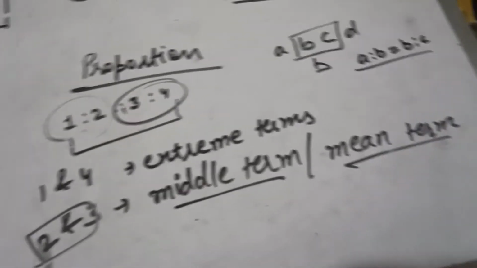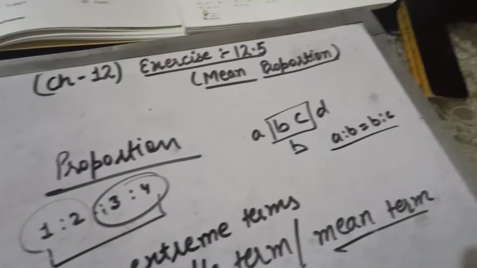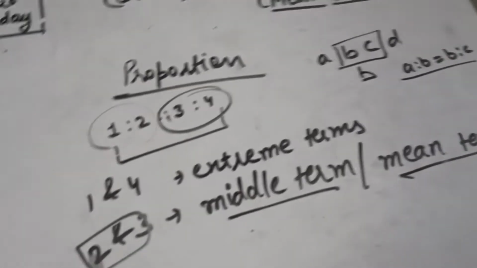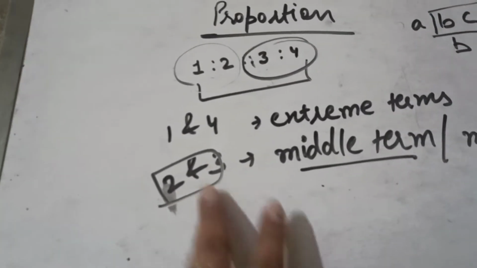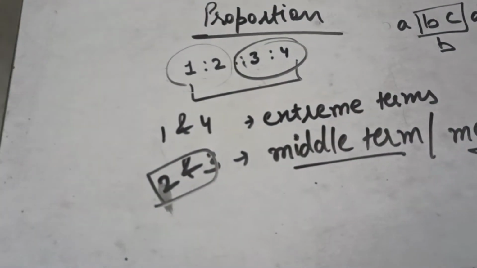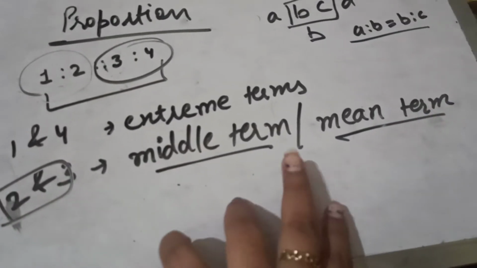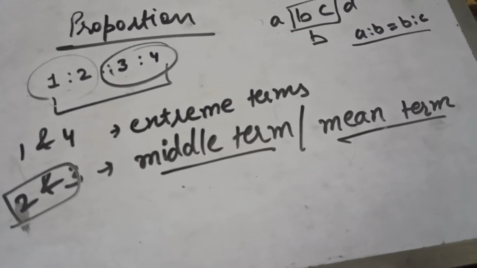Remember this point only in the mean proportion, because at the mean proportion the second and the third term of the ratios, in proportionality, we call as middle term or mean term.